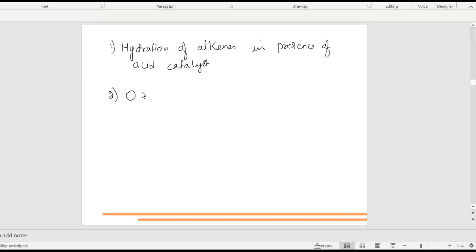Second is oxymercuration. They all result in the formation of alcohols. So the three types of reaction to convert alkenes to alcohols is what we are looking at.